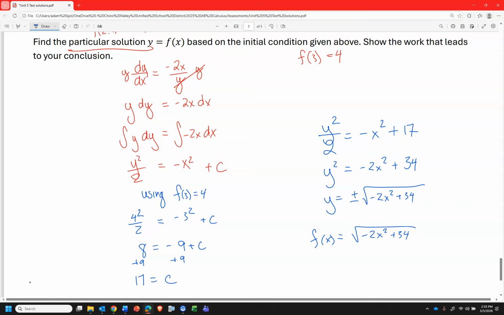And so hopefully you can tell, if I put x equals 3 in here, the only way I'm going to get a 4 on the right-hand side is to have the plus sign, not the minus sign outside the square root. Because 3 squared is 9, negative 2 times 9 is negative 18, plus 34 is 16, square root of 16 is 4. I don't want negative 4, I want positive 4. I hope that helps.